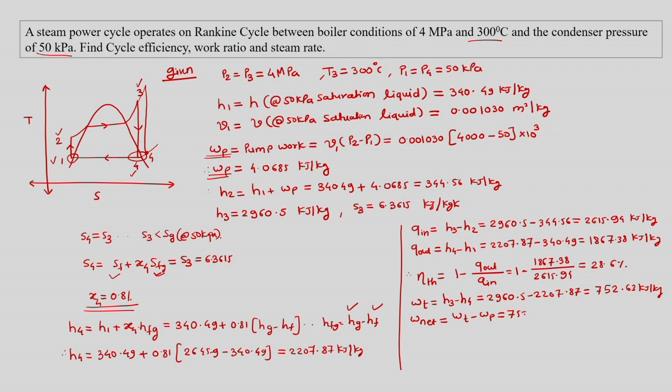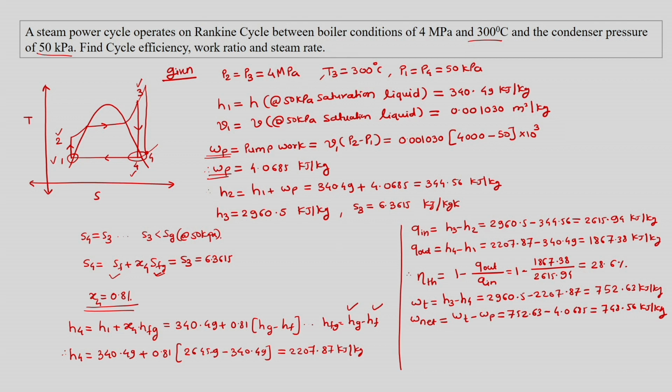So 752.63 is turbine work minus pump work as 4.0685. So we get net work as 748.56 kilojoule per kg. Knowing this, we can find out the asked quantities, which are work ratio and steam rate.